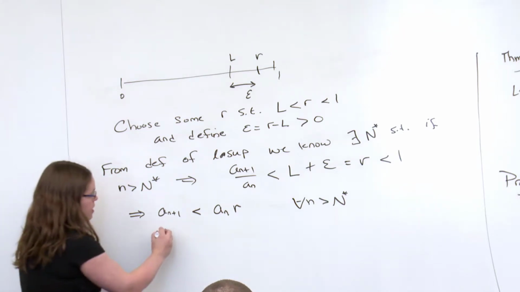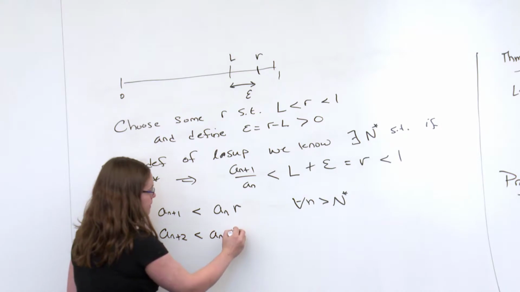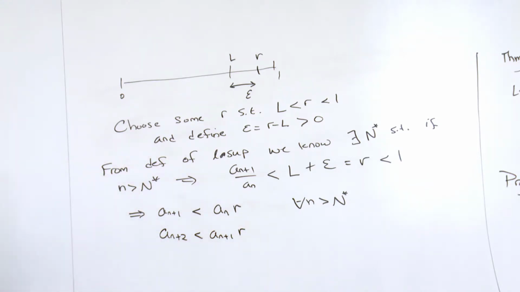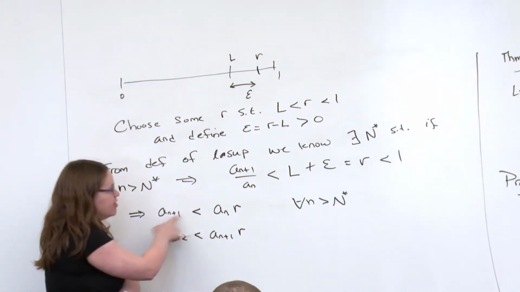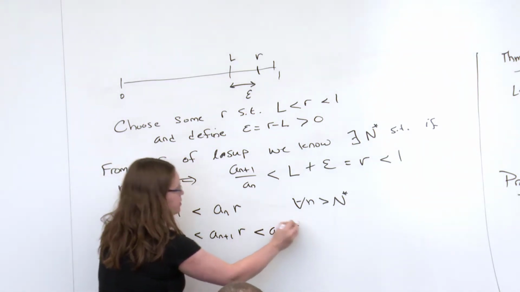That means a_{n+2} is less than a_{n+1} times r. But a_{n+1} is less than a_n times r, so this is less than a_n r squared.